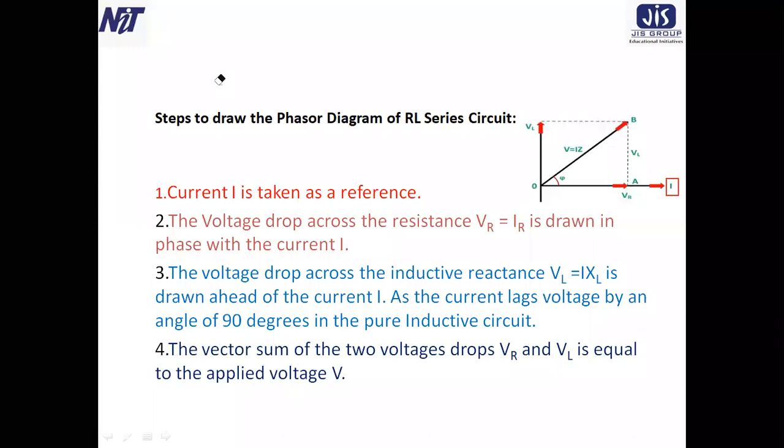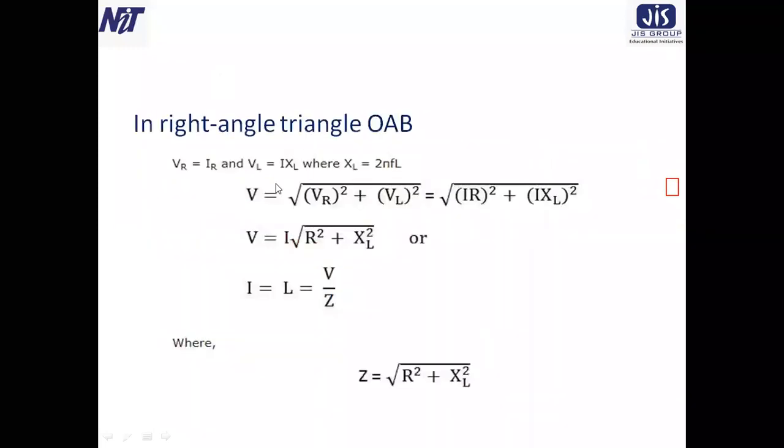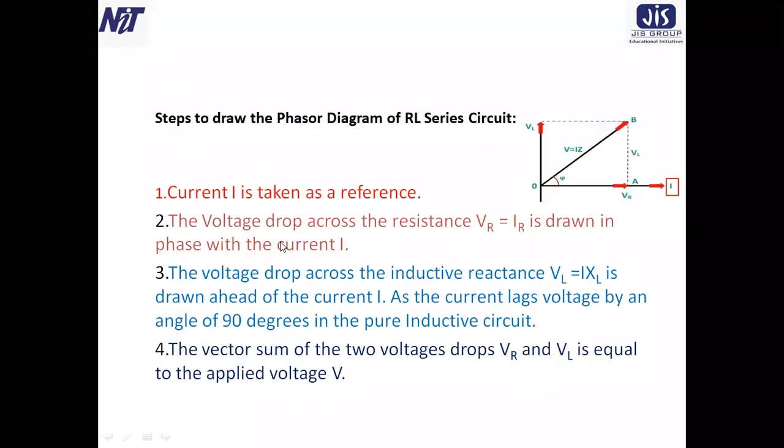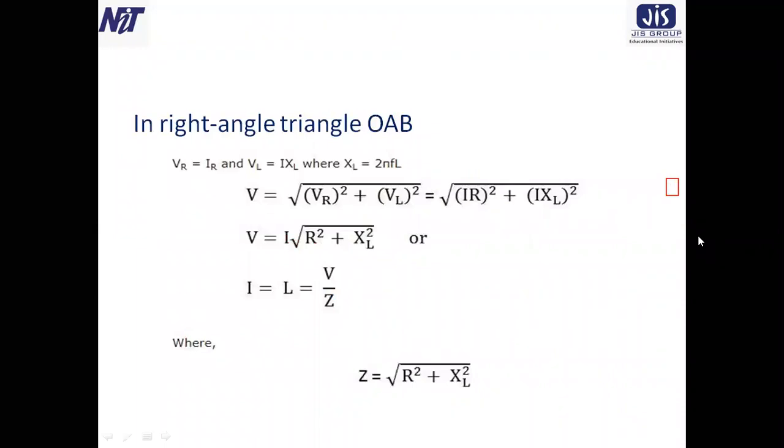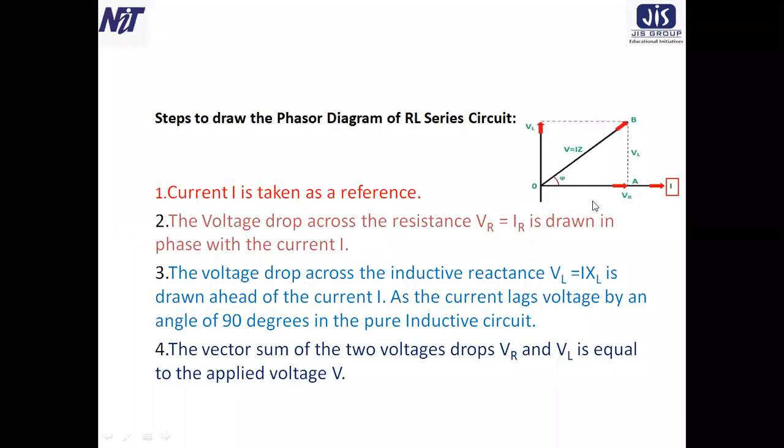So here in this circuit, VR equals to IR because both are in the same phase. VR, IR, both are in the same phase. VL equals to IXL. Because we already know that the inductive reactance VL equals to IXL. No problem with this.